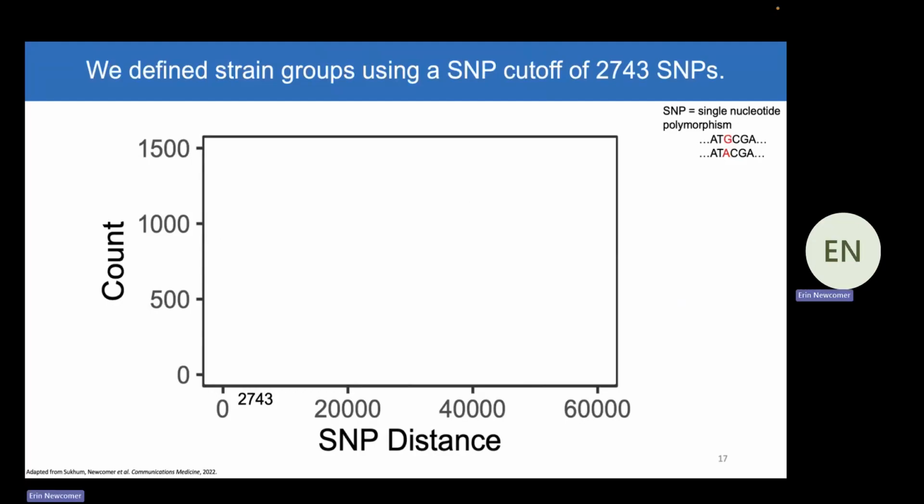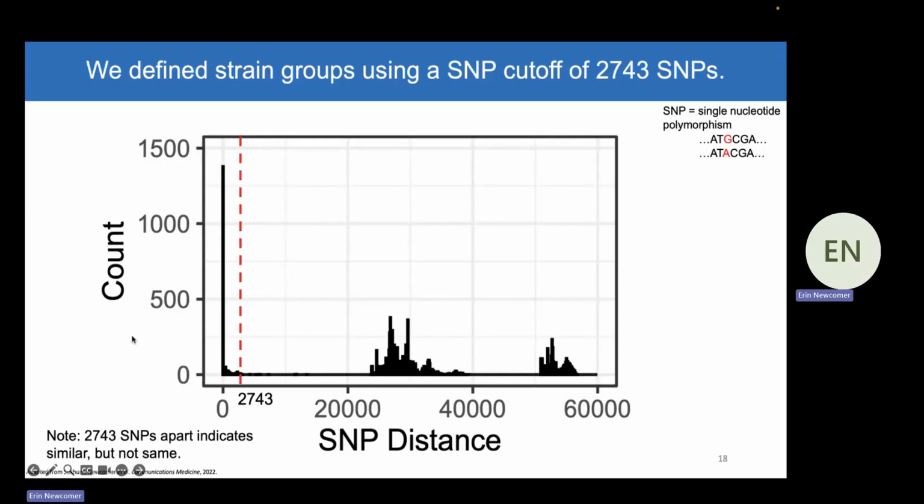To do this, we wanted to define strain groups, because just because something is the same species, we don't necessarily know that they are what we consider the same lineage or strain. So we first looked at the pairwise SNP distances between all of our Pseudomonas aeruginosa isolates. That's what we're looking at here: these SNP distances and the number of comparisons we have for these isolates.